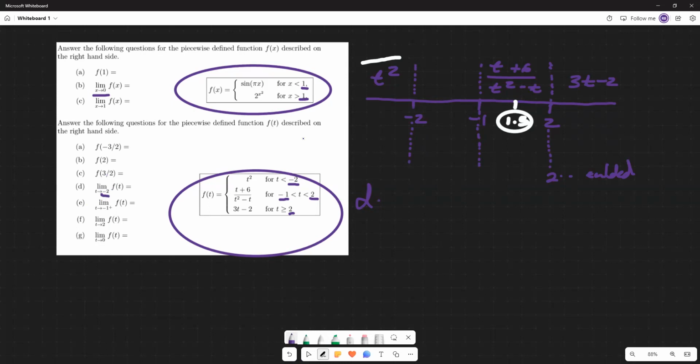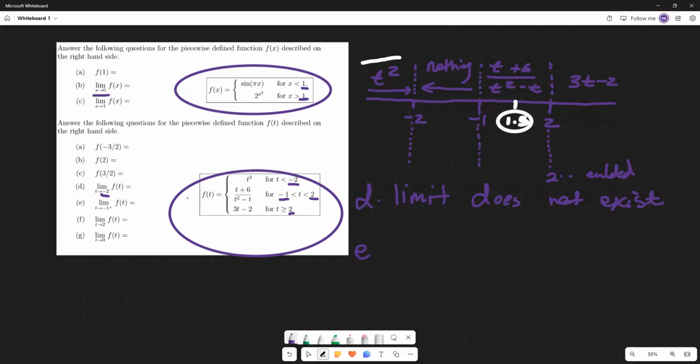Remember, for the limit to exist, the value of the limit from the left must be exactly the same as the limit from the right, but there's nothing here. So we can easily tell that at -2, the limit does not exist.